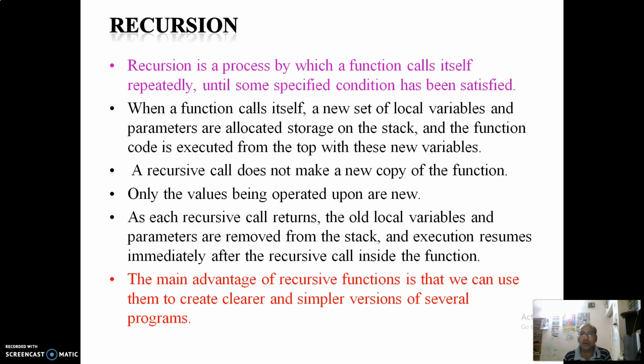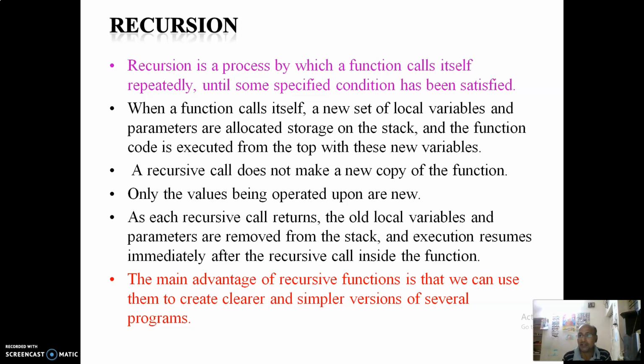A recursive call does not make a new copy of the function. Only the values being operated upon are new. As each recursive call returns, the old local variables and parameters are removed from the stack and execution resumes immediately after the recursive call inside the function.